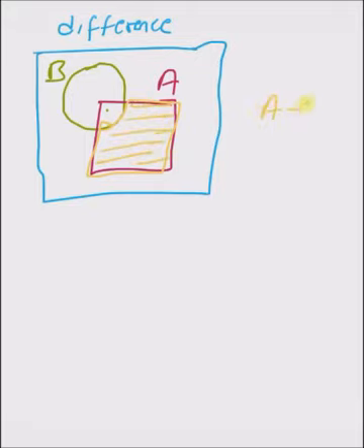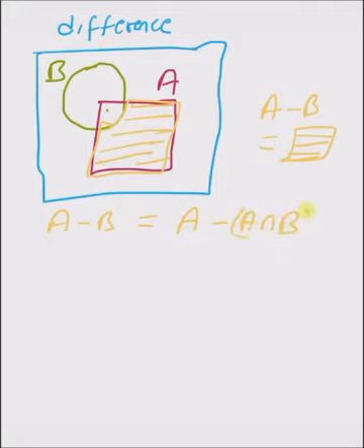A minus B is marked by this shade, and the set A difference B can also be written as A minus A intersection B. That is, all the elements of A that are not in the intersection of A and B belong to the difference A minus B. And this can also be written as A intersection B complement.